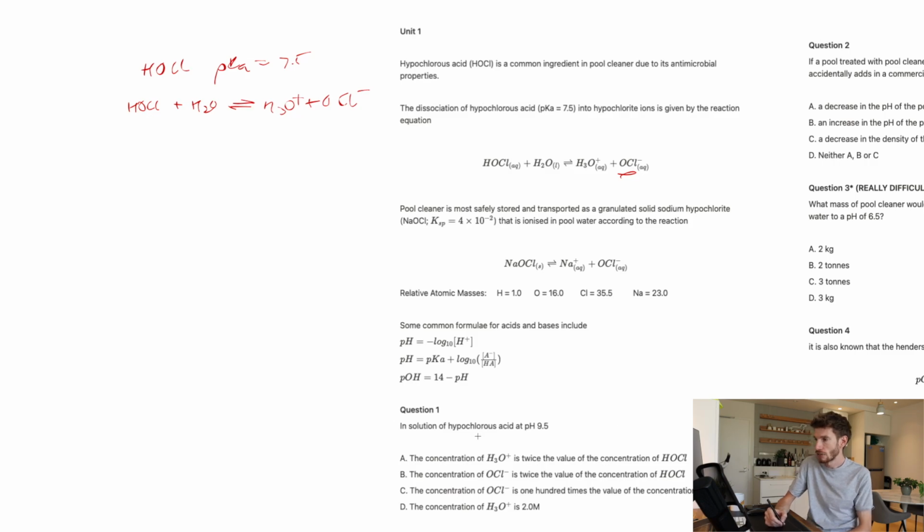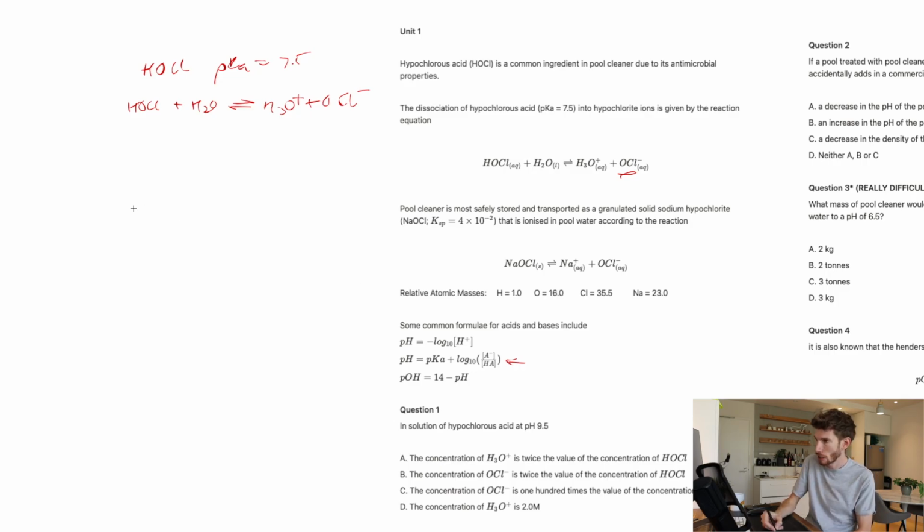In a solution of hypochlorous acid at pH 9.5, which of the following, right? So what we're going to use here is the Henderson-Hasselbalch equation, because this relates pH to pKa via the relative proportions of a conjugate base A negative and the acid HA.